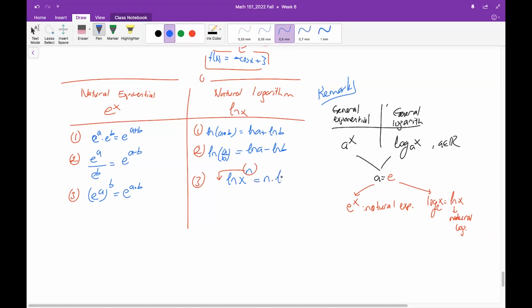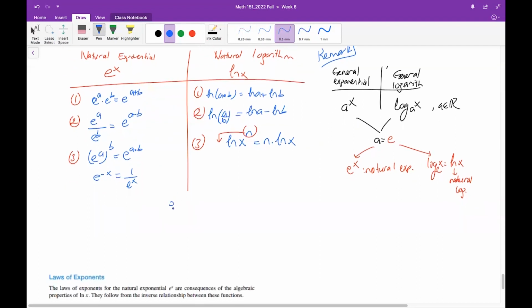It is the same as n times ln x, okay? So here I can write e to the power minus x is 1 over e to the power x, of course.